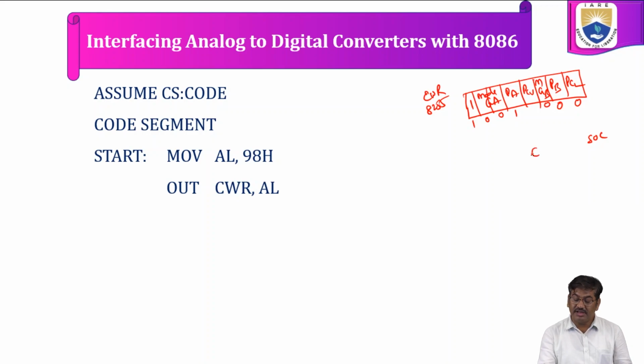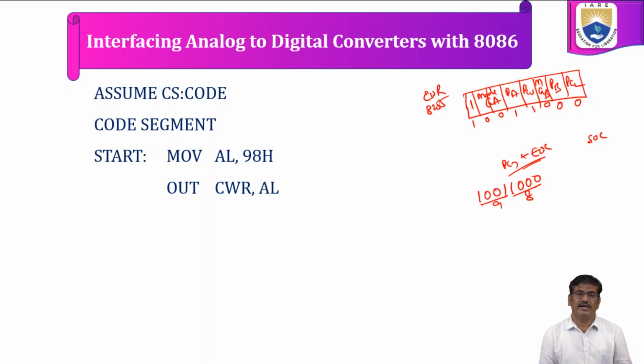Whereas the EOC signal is connected to port C7, which is an input signal to the processor, so it is configured as 1. The mode of operation is 0. So the value we want to write for the control word register is 1001 1000, so the equivalent value is 98H.